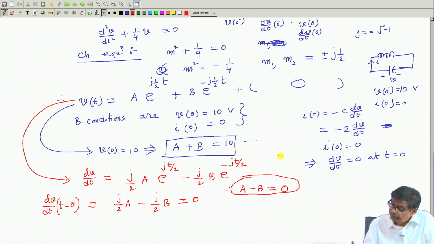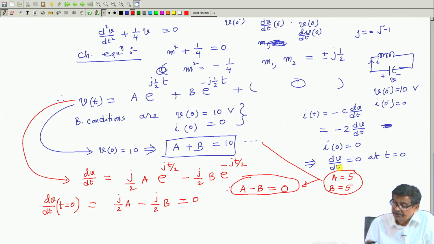Therefore, adding these two equations, you will get A is equal to 5 and B is equal to also 5, because A equal to B. So, these are the two constants you have got and you have almost solved the problem.